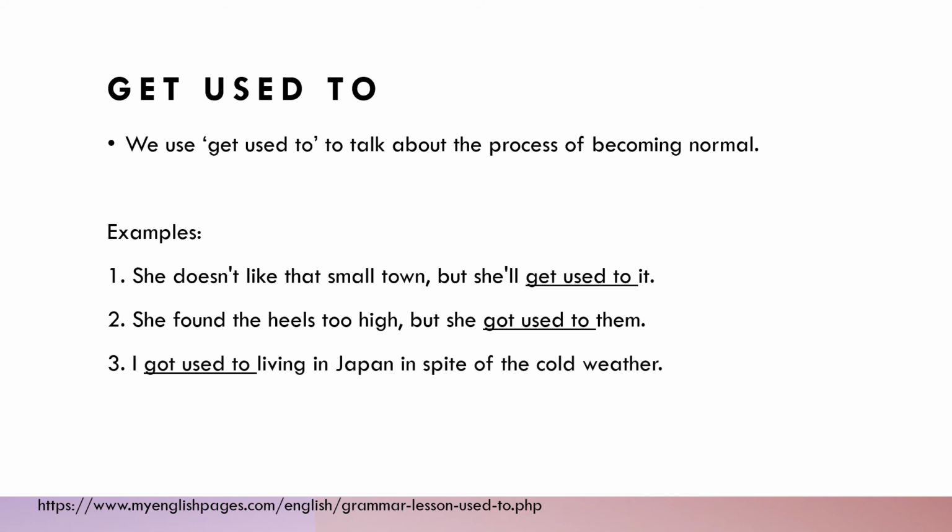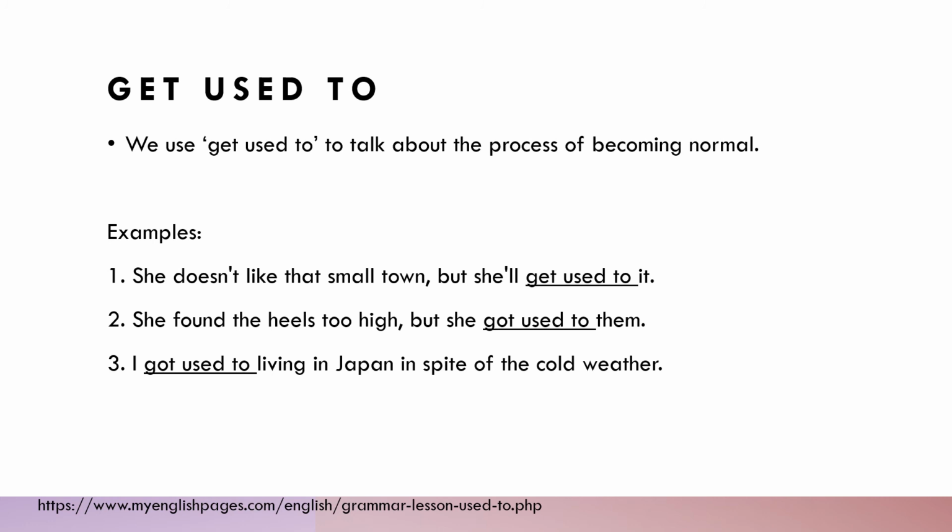Now let us look at the other example. I got used to living in Japan in spite of the cold weather. So here we have the word got, which is in the past tense, and we have used to. After the word to, here we have living with ing.